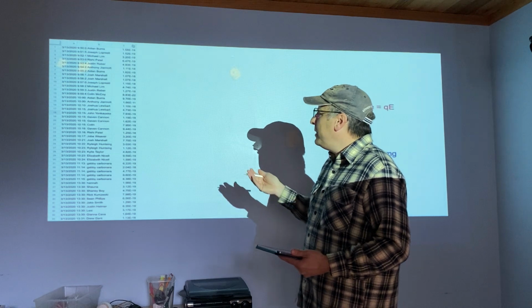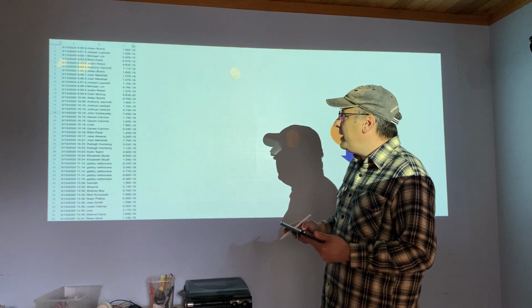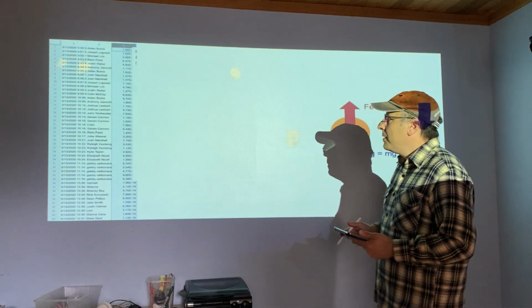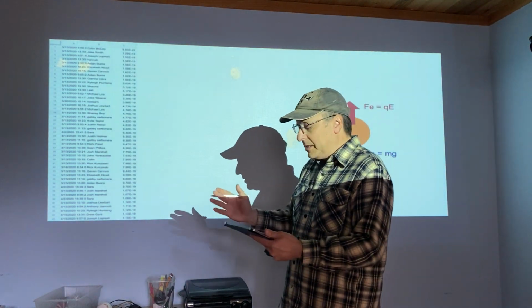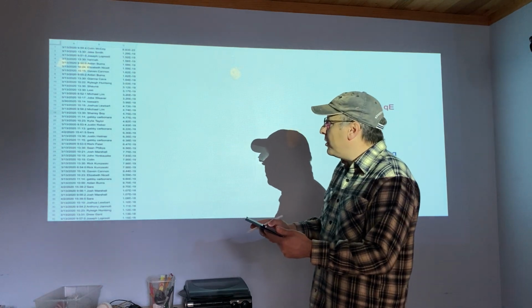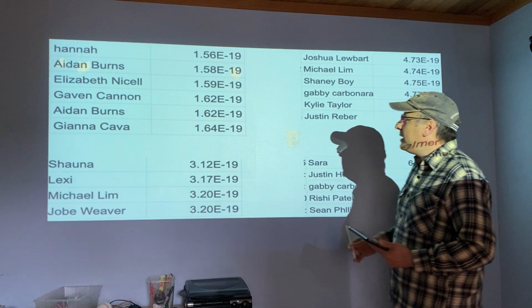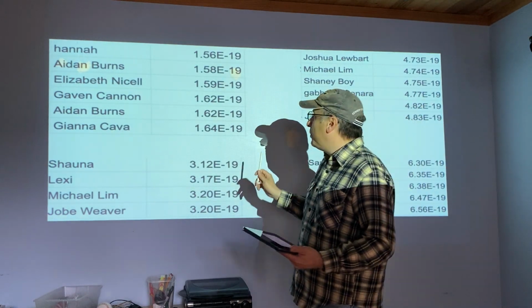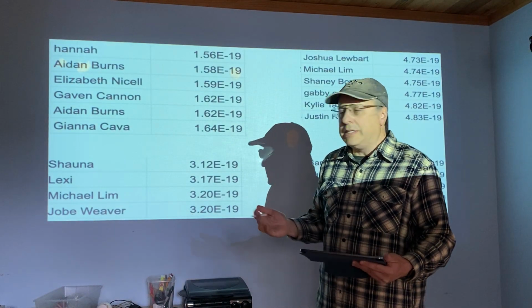And then what Millikan did is he sorted his data based on the charge that he got, and he found the pattern. And this is the pattern. So I want to take a look at your data. And when I zoom in on some of your data, I see clusters, and this is the important part. Clusters of charges that are all very similar.